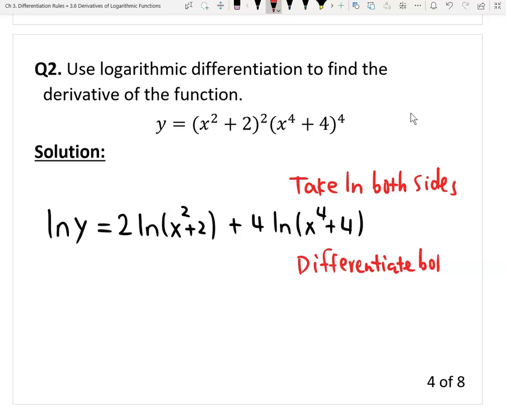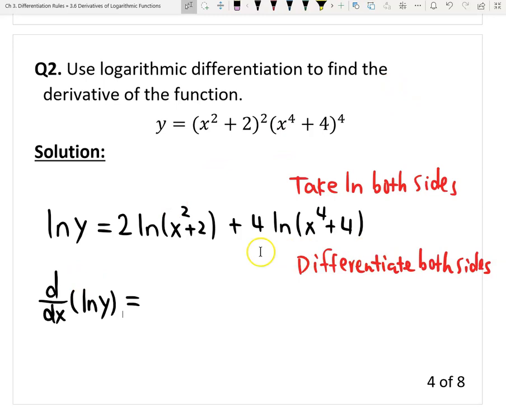Differentiate both sides. This is much more normal. So I differentiate the left. Can you see this and that? I still use Leibniz notation, d/dx, and apply it to the natural log function, and this is a linear combination.